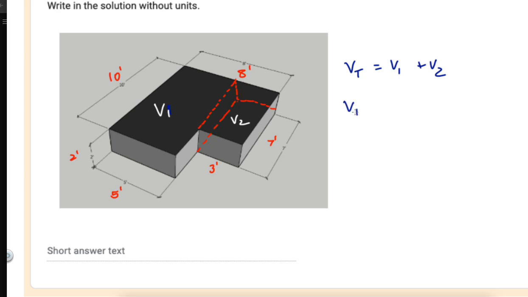So we've got length times width times height for V1 plus length times width times height for V2. Let's say we got 10 times 5 times 2, plus, over here, 7, 3, and 2.